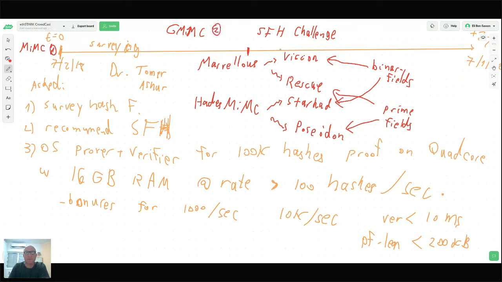It took MiMC, GMiMC, Vision, Rescue, StarkAD, and Poseidon, and basically built them a bunch of challenges at 45-bit security, and then at 80-bit security, and also at 128, which is the target designated security we need to construct the hash for, and also at 256, which is sort of a fallback, in case things really were bad.